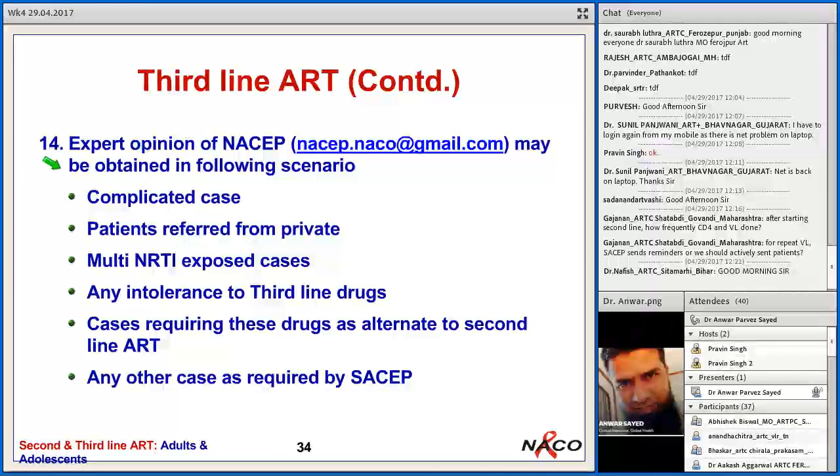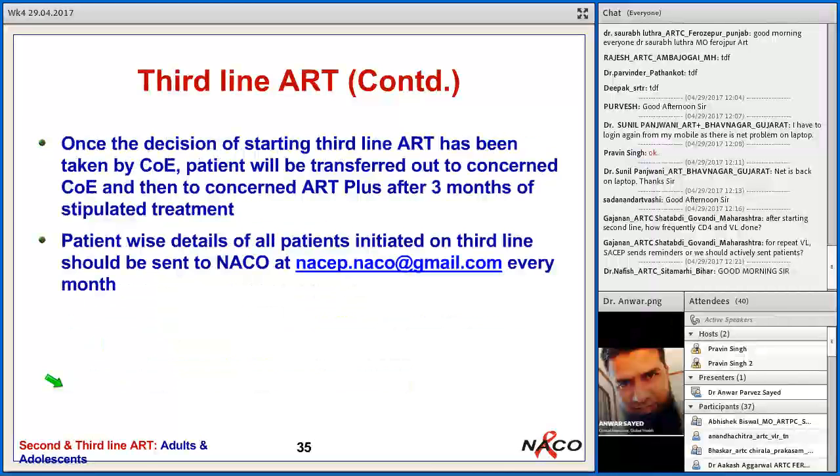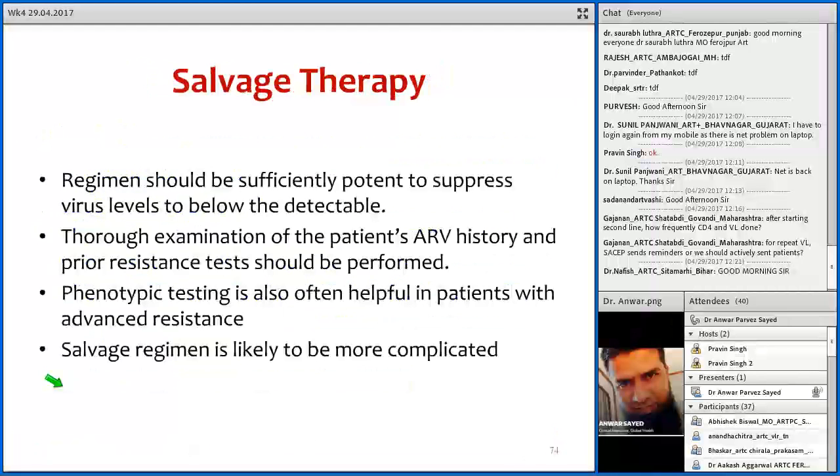Any SASEP can refer patients to NASEP in the following scenarios: complicated cases, patients referred from private, multi-NRTI exposed cases, any intolerance to third line drugs, cases requiring these drugs as alternate second line, any other case as required by SASEP. So I think we have finished with this first part.